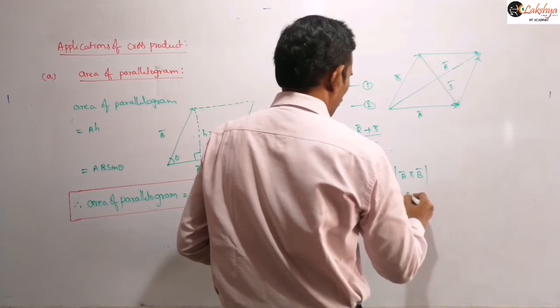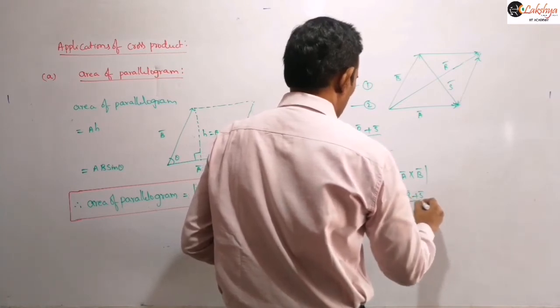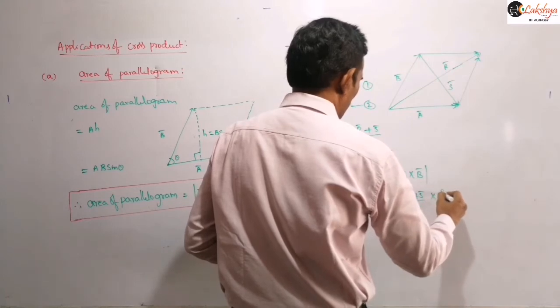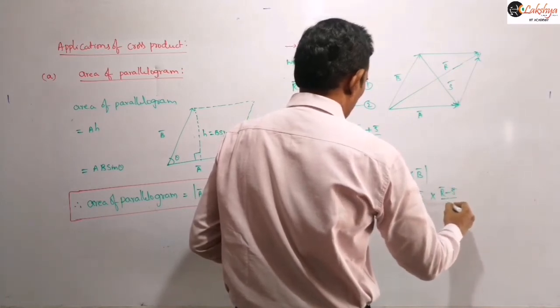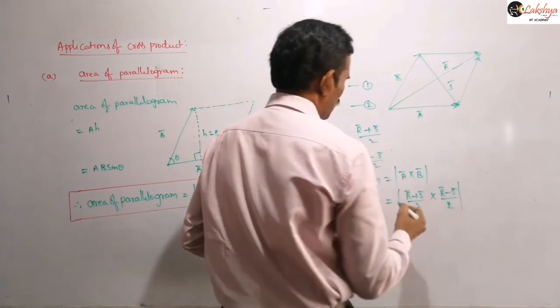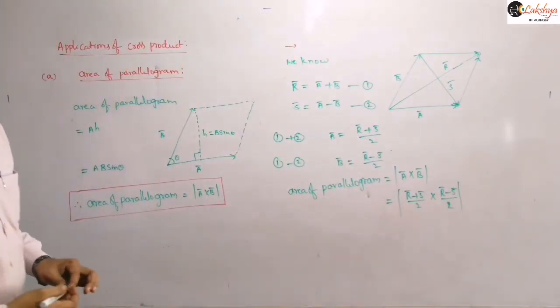So this is mod of R bar plus S bar by 2 cross R bar minus S bar by 2. That is what we need to simplify here.